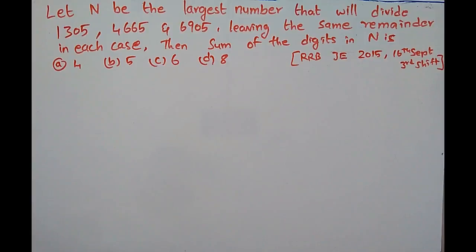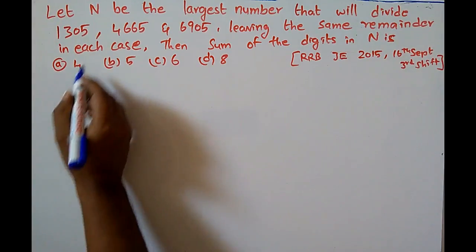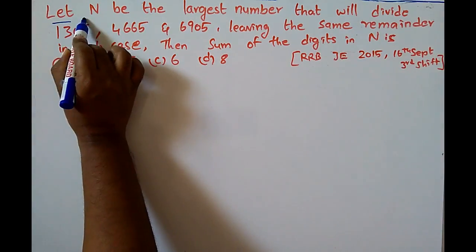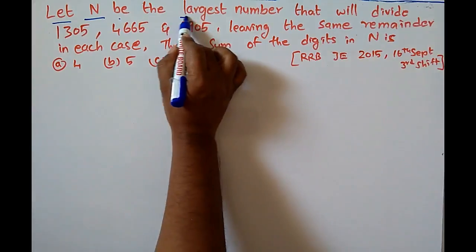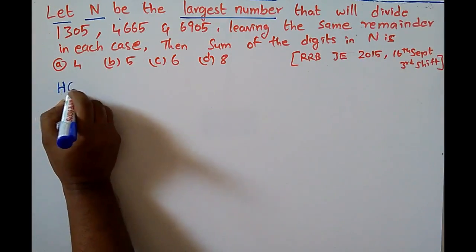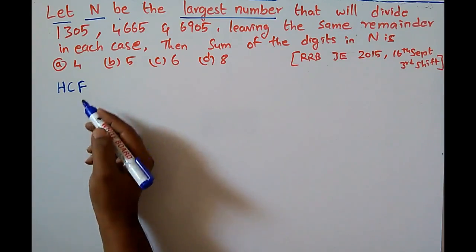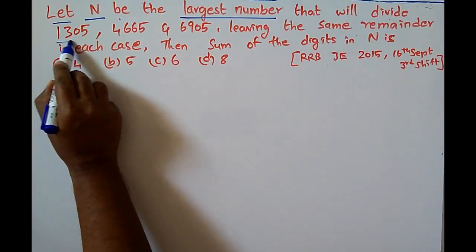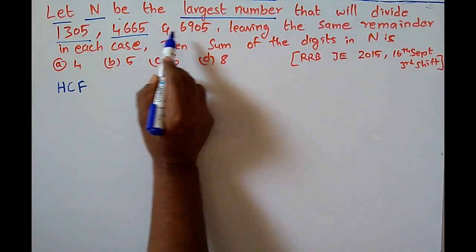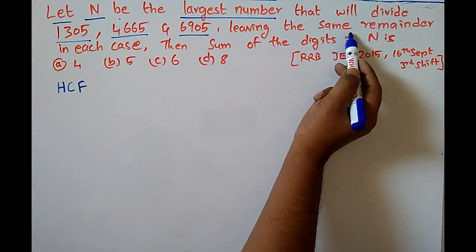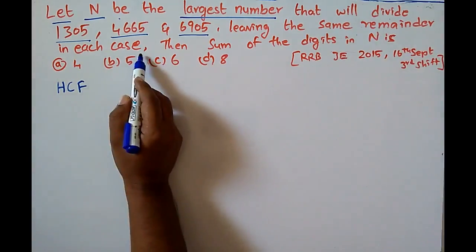This is again a similar problem where the substitution method fails drastically. See, as I have said, let n be the largest number. If you see the largest number, you have to find the HCF of the numbers that will divide 1305, 4665, 6905, leaving the same remainder in each case.